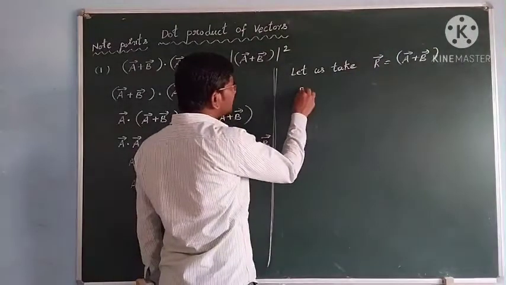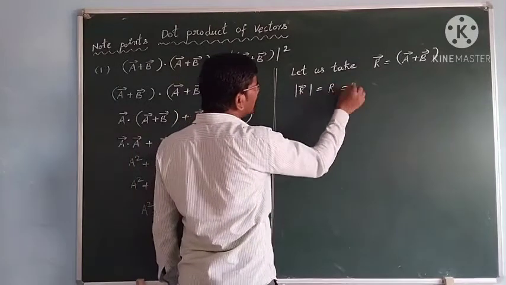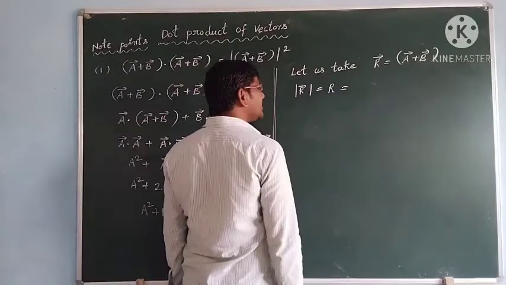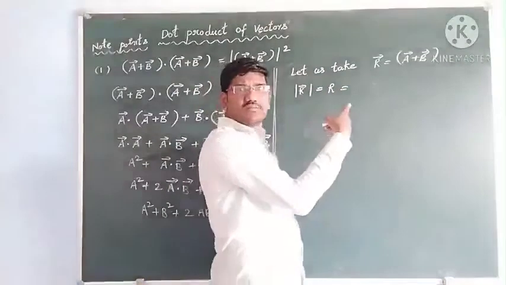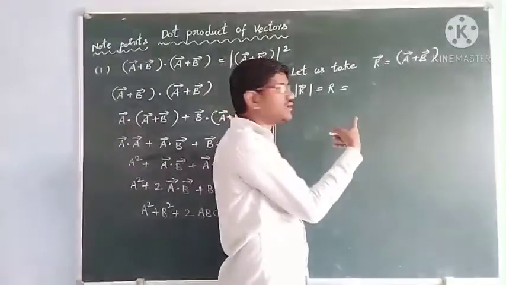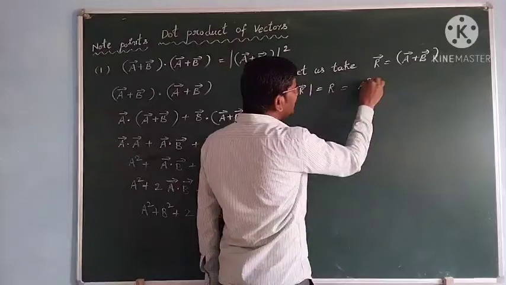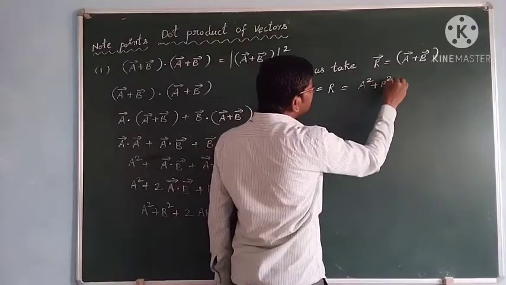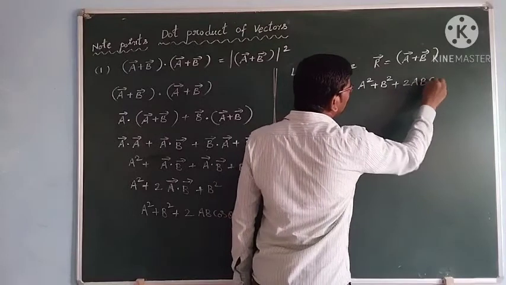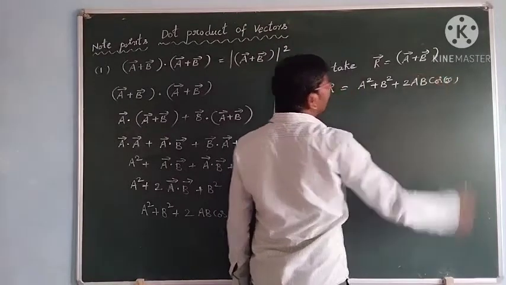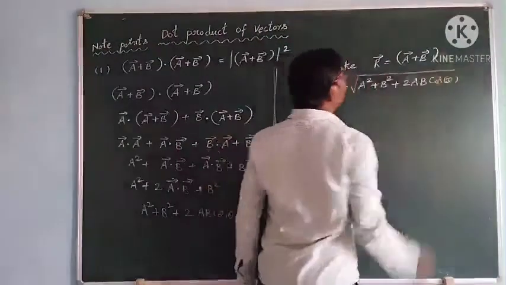The modulus of R bar means the magnitude of the vector R bar, that is called R. According to the parallelogram law of vectors, the modulus of R bar is equal to R, that is equal to the root of A square plus B square plus 2 into A into B into the cosine of the angle between them.